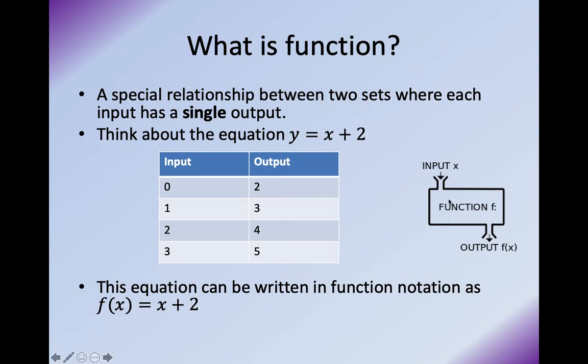Just imagine that a function is a machine. If you put x is equal to 0 in the function, the output will be 2. If you put x is equal to 1, the output will be 3. If you put x is equal to 2 in this function, the output would be 4, and so on. So this is a function, f of x is equal to x plus 2.